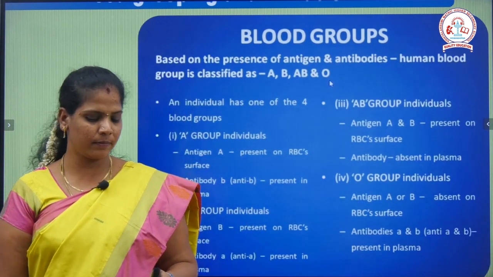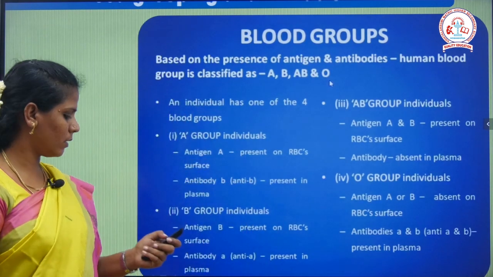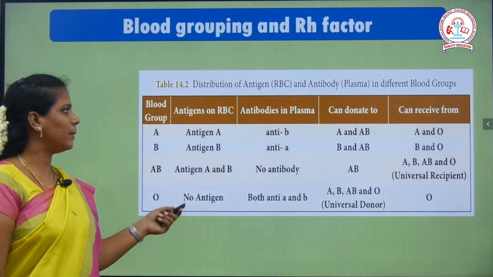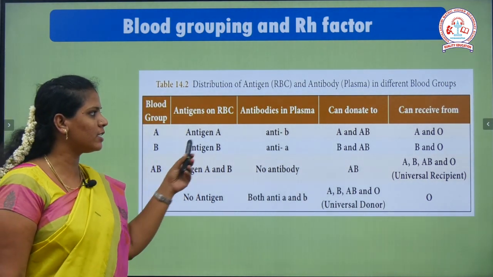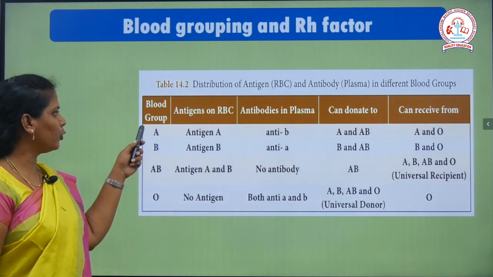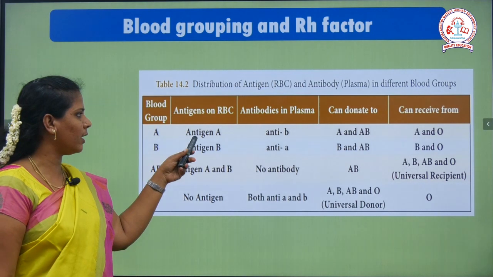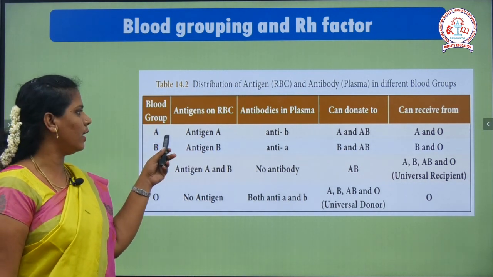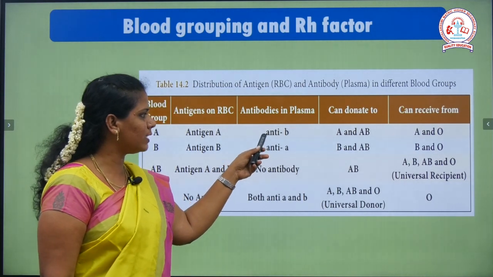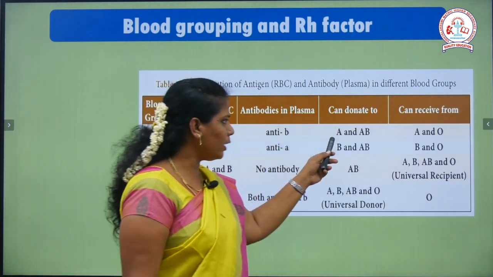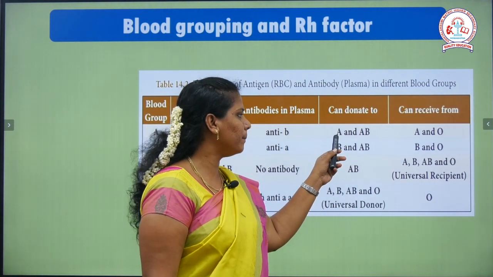Okay, then an AB group individual has both the antigens. So A and B both will be present on the surface of the RBCs and the antibodies are totally absent. Then in an O group individual, they do not have antigens, neither A nor B. Both antigens will be absent on the RBCs, and antibodies A and B will be present in the plasma.